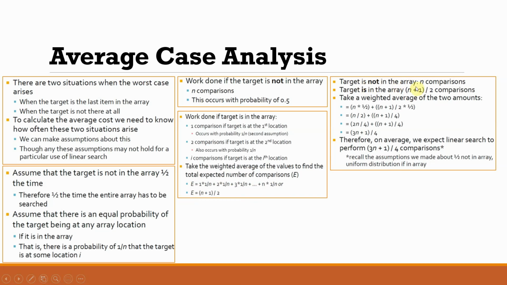If the target is not in the array, we have to do n comparisons. If the target is in the array, on average, we have to do (n plus 1) over 2 comparisons. Based on our assumption, each happens half of the time. So we do another weighted average and we find this one. This is basically the average case analysis for linear search.